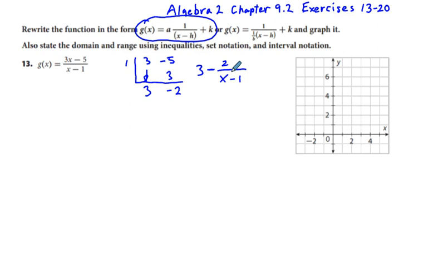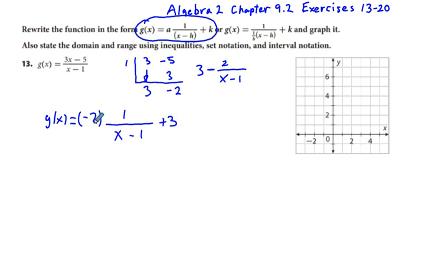Okay, so what this becomes, in the form, we're going to write this as g of x equals, in this form we're going to put negative 2 times quantity 1 over x minus 1, and we put out here plus 3.